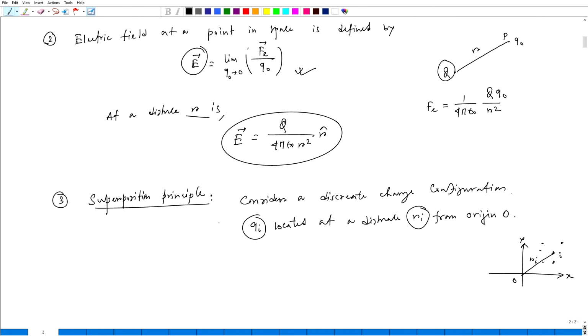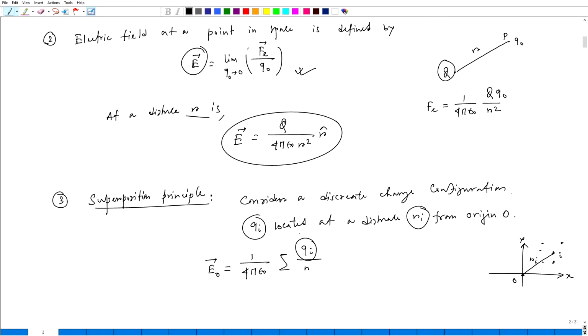Now the electric field E, the net electric field at the origin O, becomes 1 over 4 pi epsilon naught, sum over i of Qi, the amount of charge, divided by Ri square, times Ri hat.